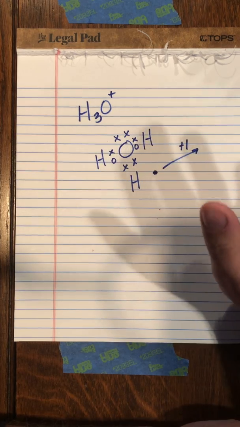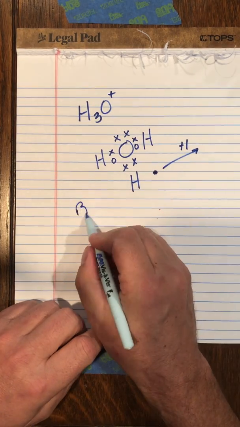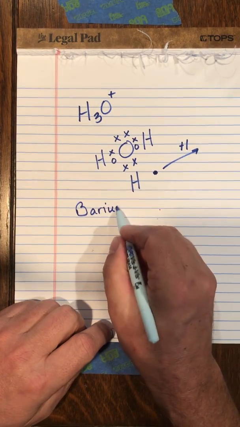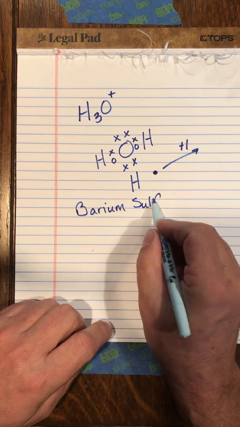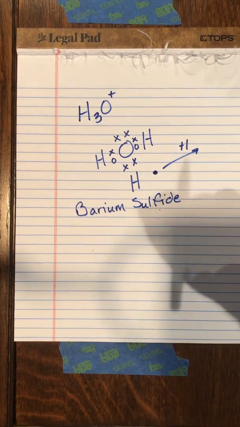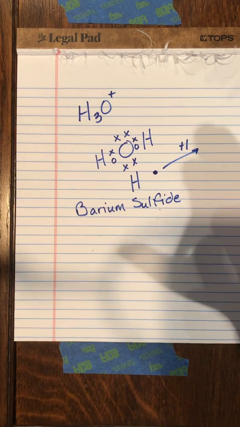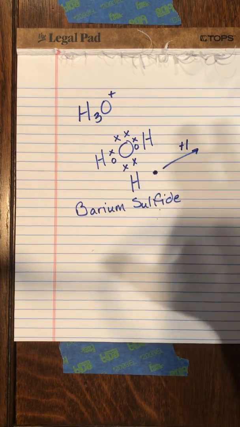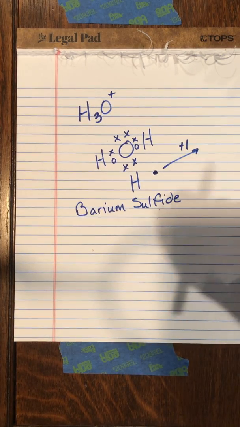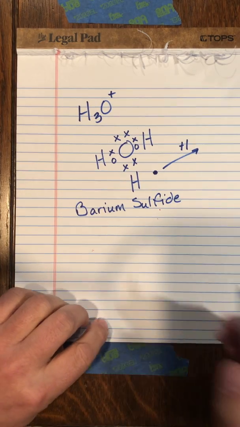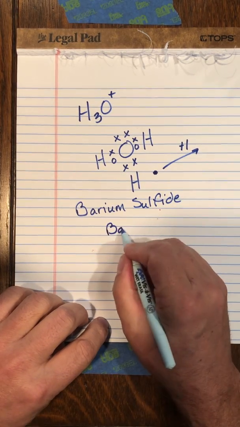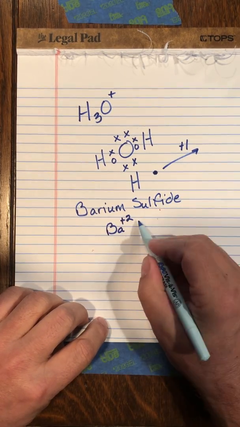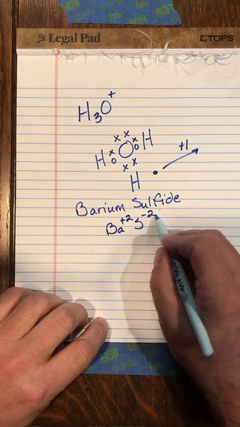So the next one I want you to do is I want you to try and do the shape for barium sulfide. So stop the video and figure out the shape for barium sulfide. Okay? All right, so let's say you did it. Ba is a plus 2. Sulfide is derived from S minus 2.